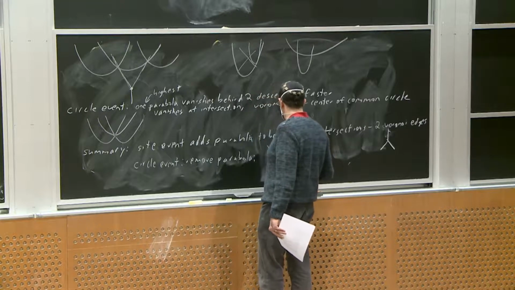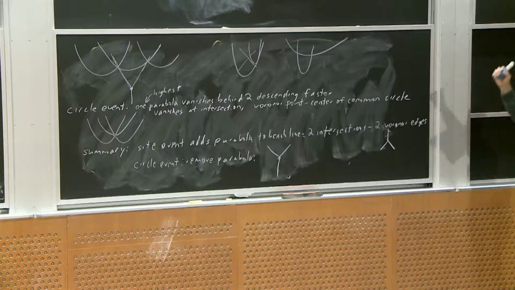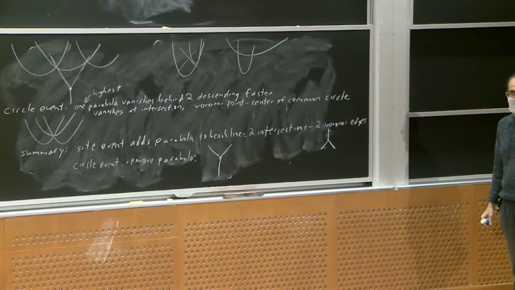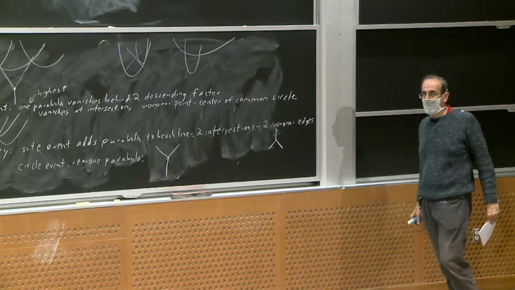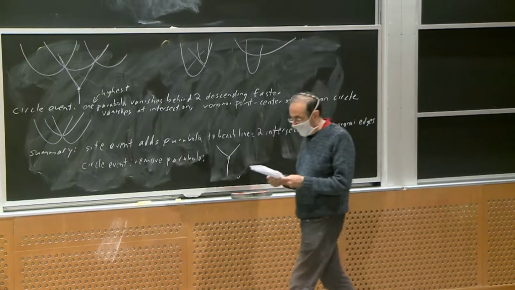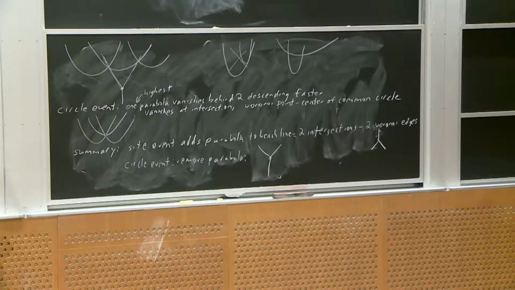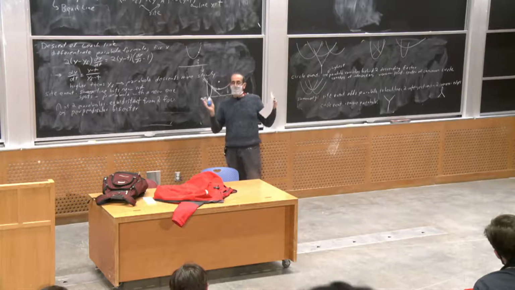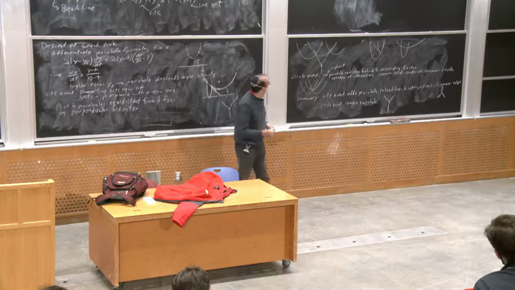And those correspond to this situation where you've got two intersections being traced out, and it turns into a single intersection. So that's the cartoon of the evolution of the beach line as the sweep line descends.